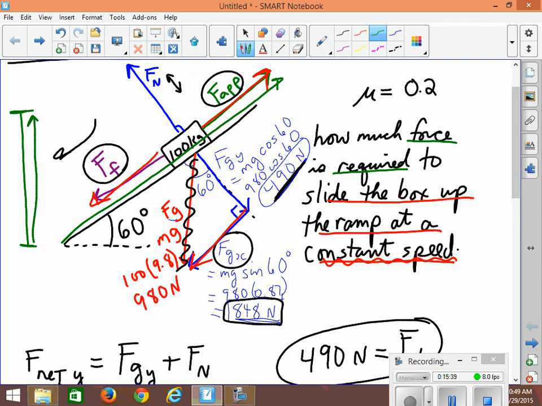So we used less force, but we had to slide it over a greater distance. And if you recall from your last year, work equals force times distance. And so the amount of work that we've done is not necessarily the same, but we use less force, and that's what we're after when we use a ramp.